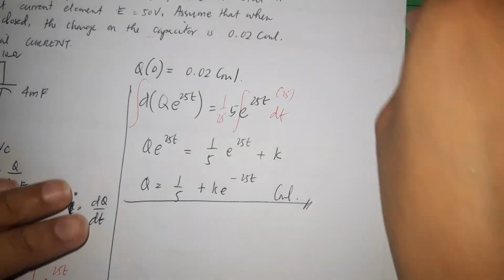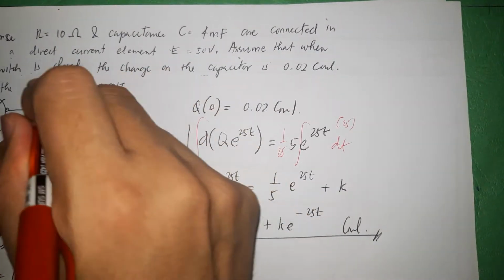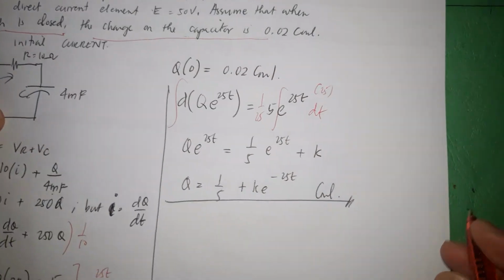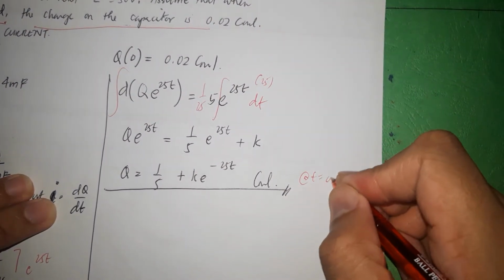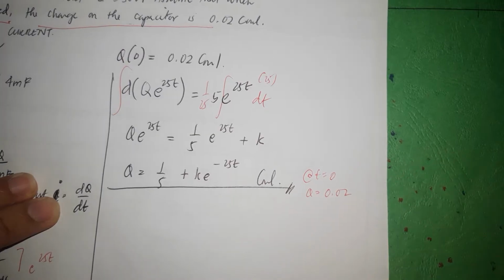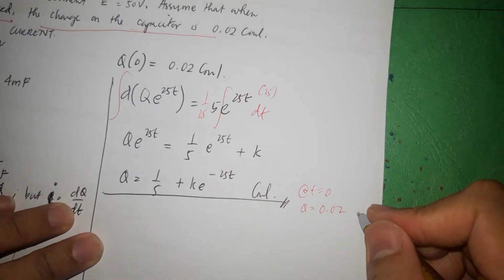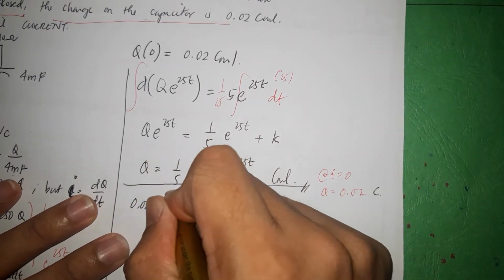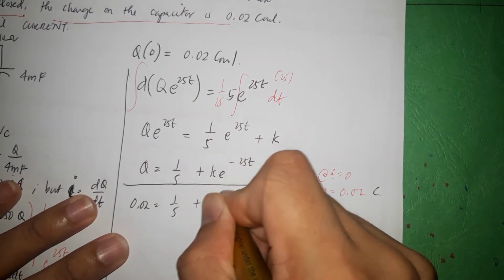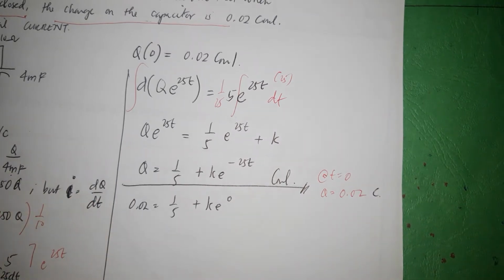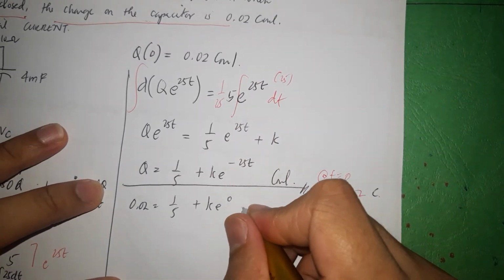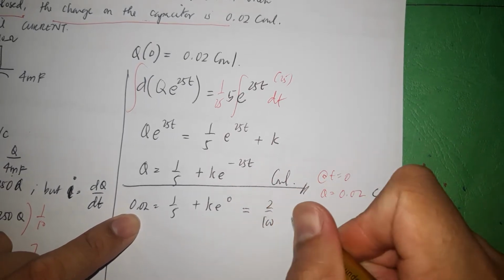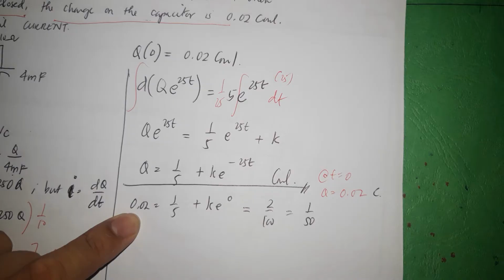So from our initial condition, it is said in the problem that at the time the switch is closed, the charge in the capacitor is 0.02. So at time t is 0, my Q is 0.02 coulomb. So 0.02 is equal to 1 over 5 plus k e to the 0. So this is equal to 0.02, which is 2 over 100, which is 1 over 50.